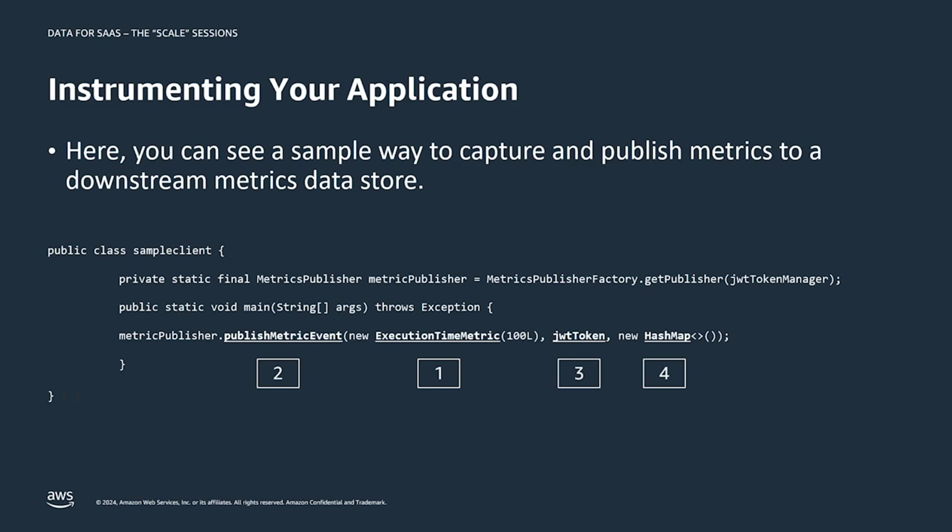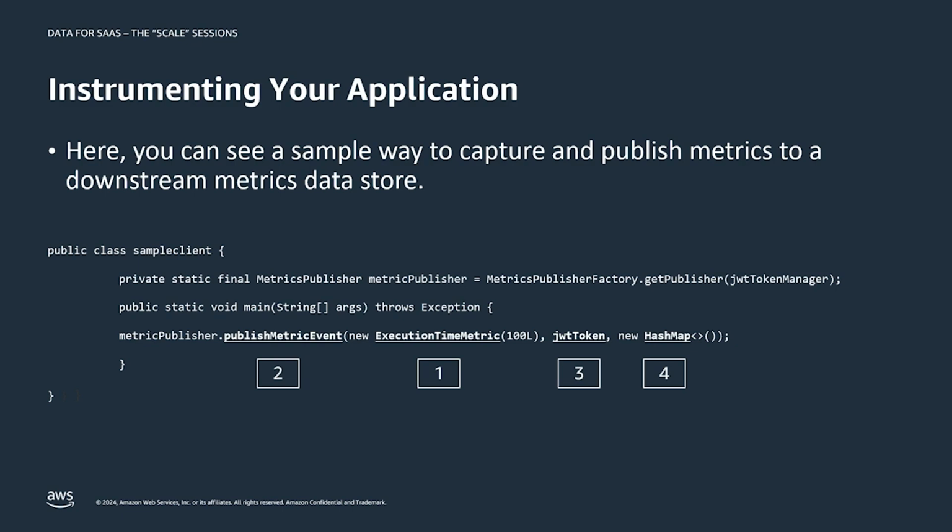Step three, we're passing across a JSON web token, or JWT token, to the metric publisher, because the JWT token has the user and tenant information embedded within it so that we can tell at an API call or an event call who actually called it, where they came from, and what level of access they could have.